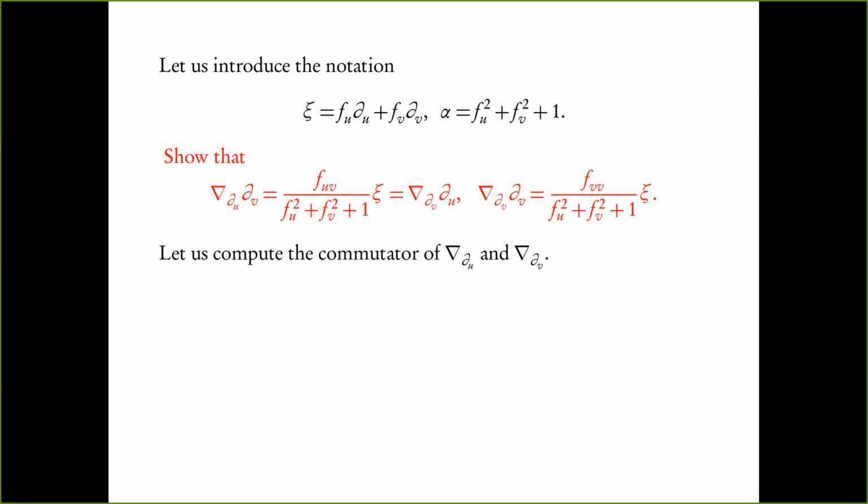So nabla subscript x feeds on a vector field y, and the output is nabla y with respect to x. This is not a C infinity linear map, because with respect to y, it satisfies the Leibniz rule. However, it's still a vector field. So you can think of these as operators, and you can ask whether these operators commute.